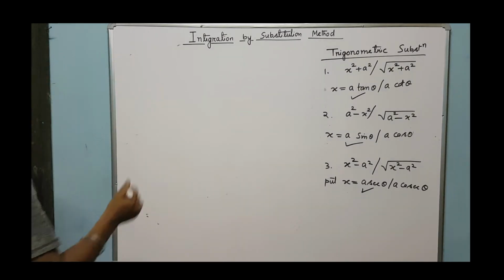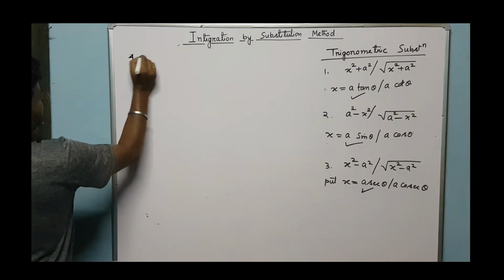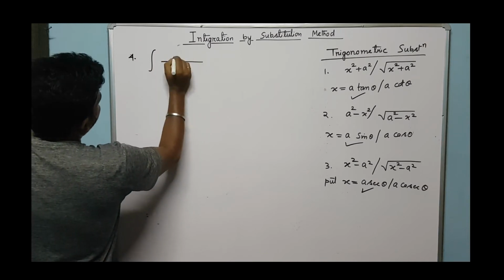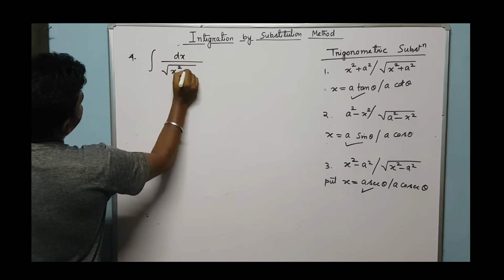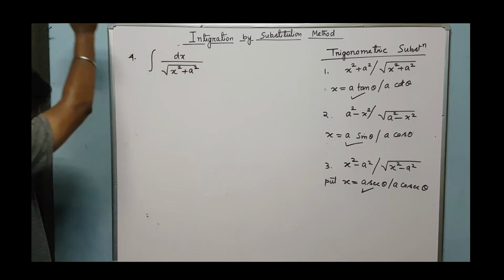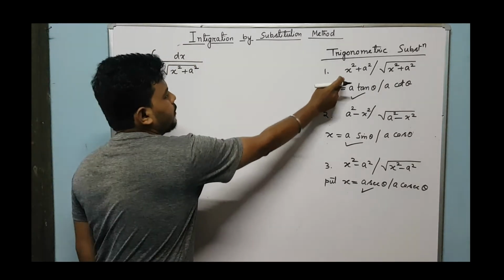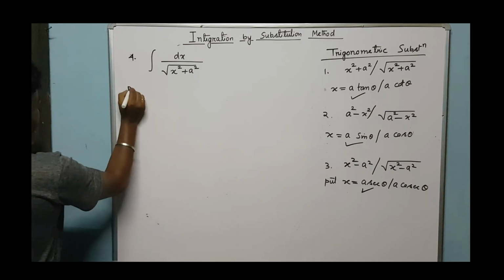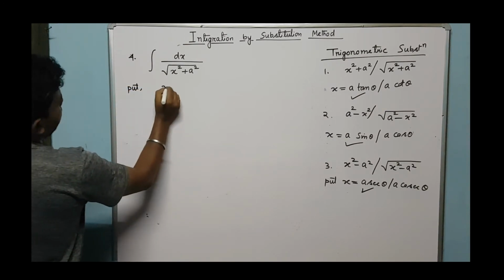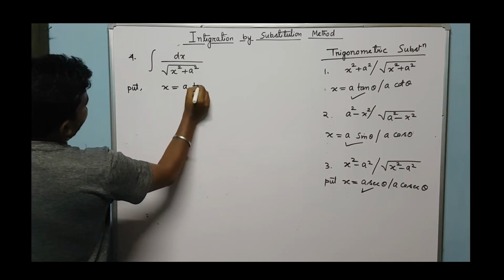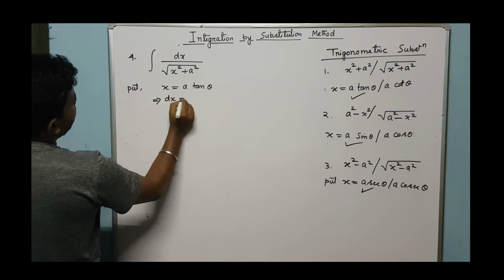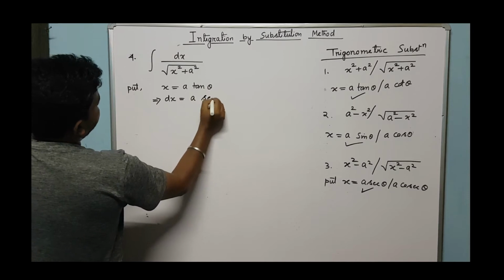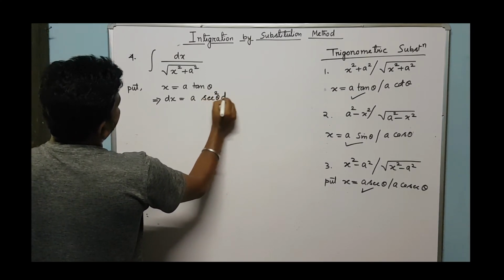Number 4 is integration of dx by square root of x square plus a square. Just like your first substitution method, put x equal to a tan theta. So if I differentiate, I will get dx equal to a sec square theta d theta.